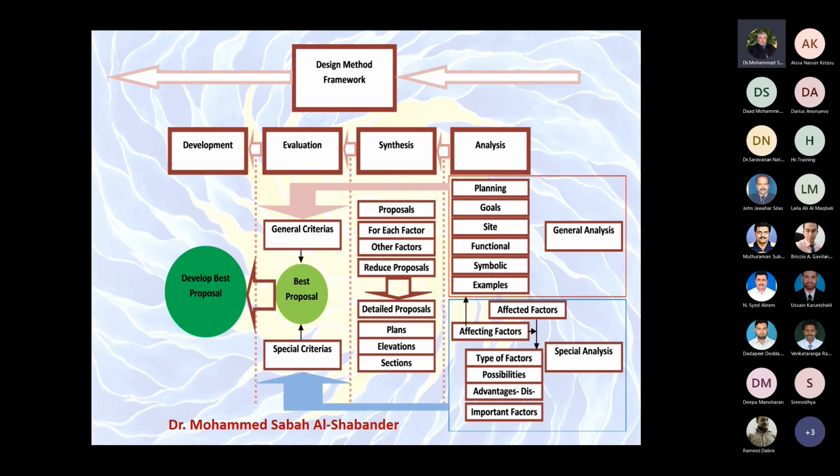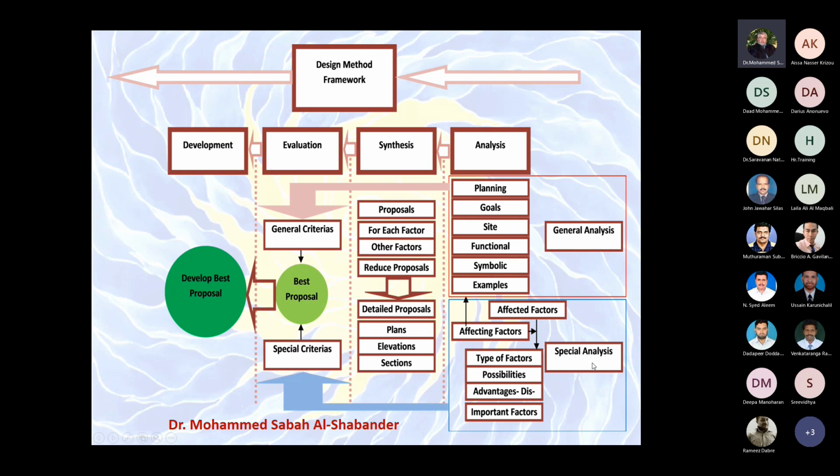This is for lecturers or teachers to ask the students to make their design symbolic, to give a meaning to the design. Because the design or the project is a message that the giver, the architect, gives to the receiver, the client. Also, we can analyze examples. We call them case studies.